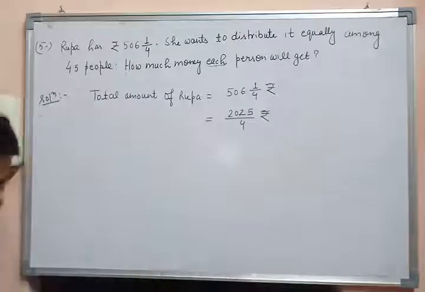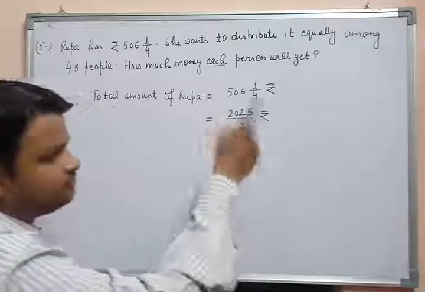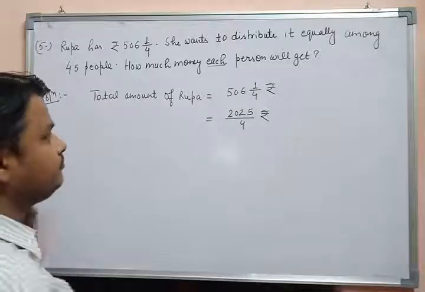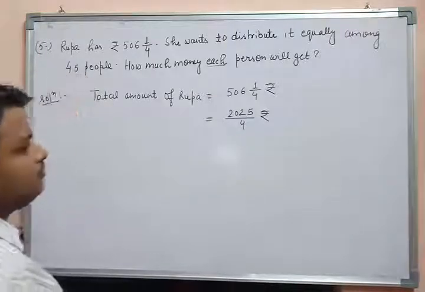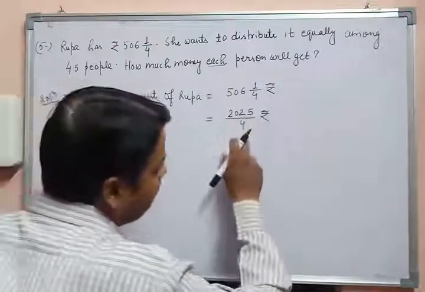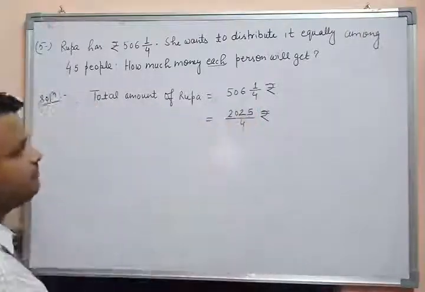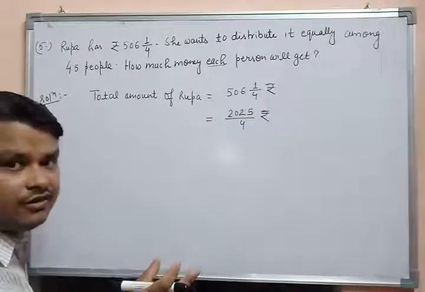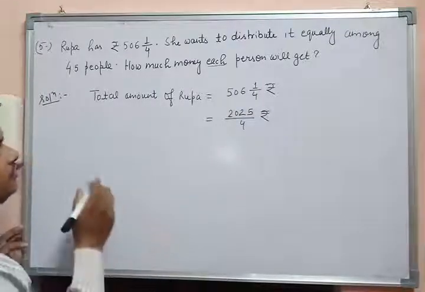Now students, according to the problem, this amount will be distributed equally among 45 people. So first of all you have to divide this amount by 45, then we will get the amount for each person.